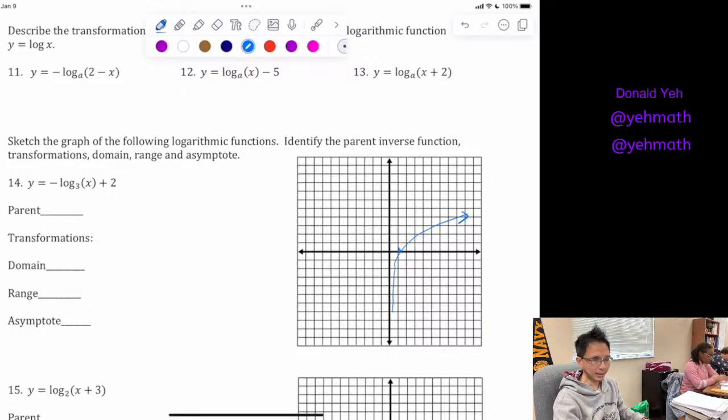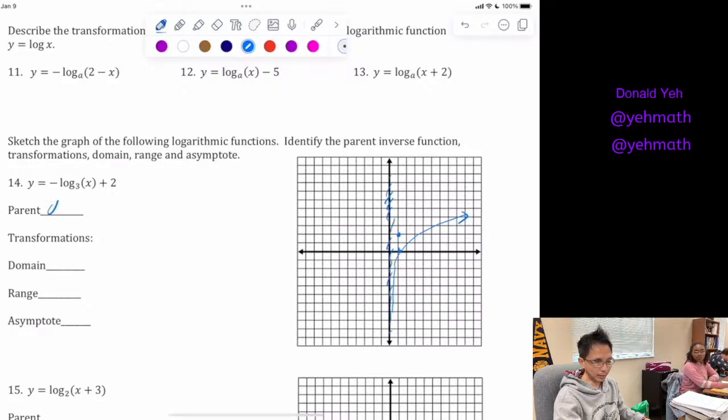Now, this is going to go up 2 and reflect. So this point is going to go up 2, and reflect across the x-axis. But the asymptote is still in the same spot.